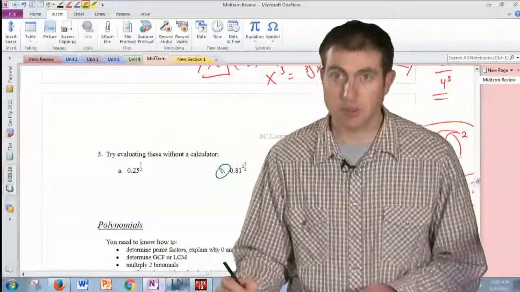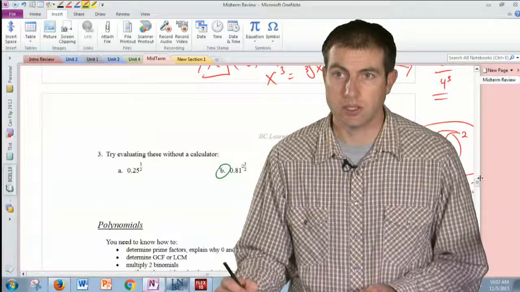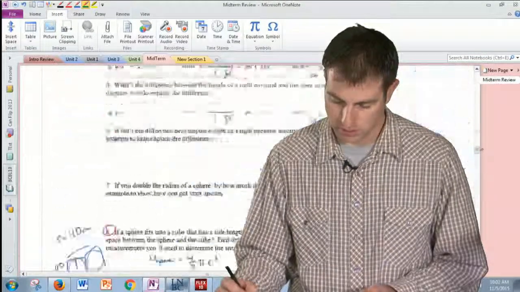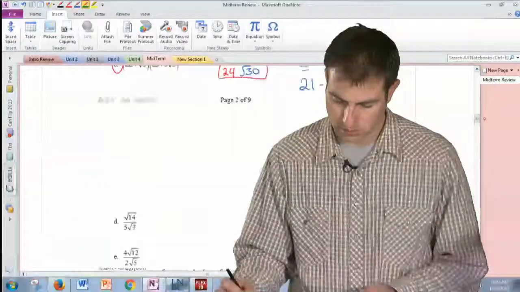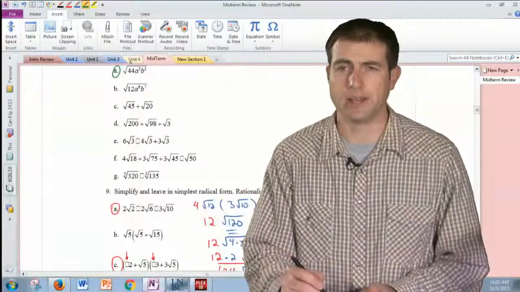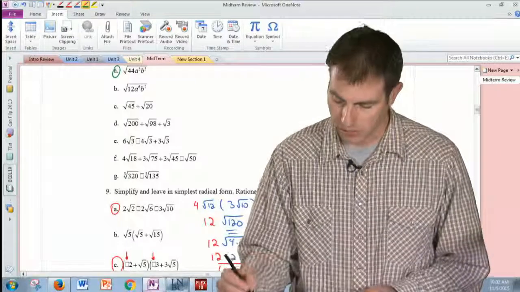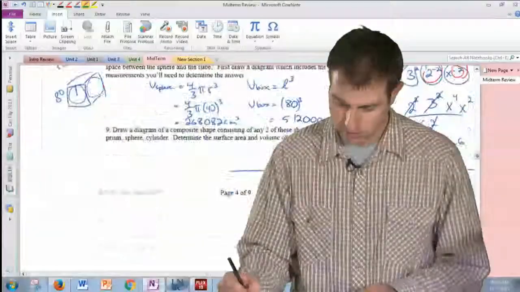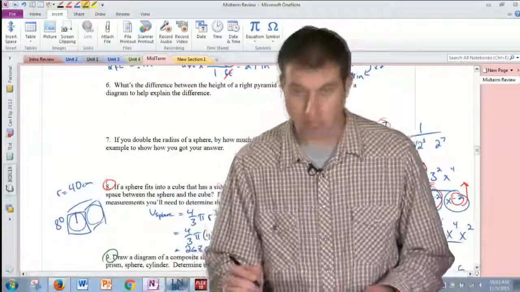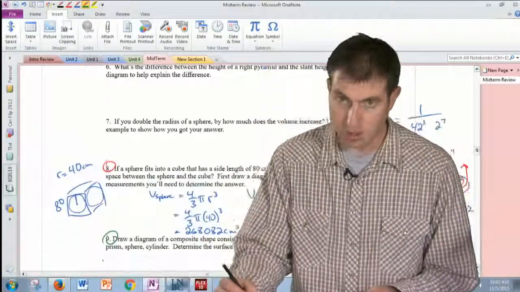Page 8a, page 2. And question 9, page 4. Draw a diagram of composite shape. Okay. And then Unit 4, page 8, question 4e.